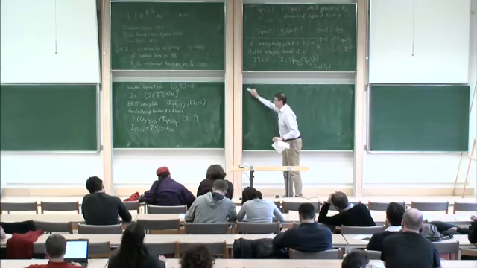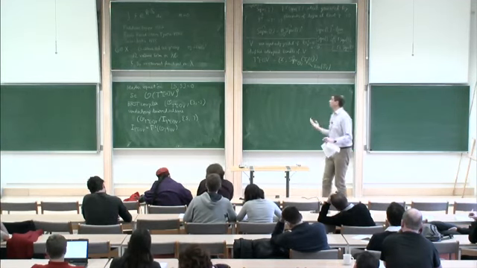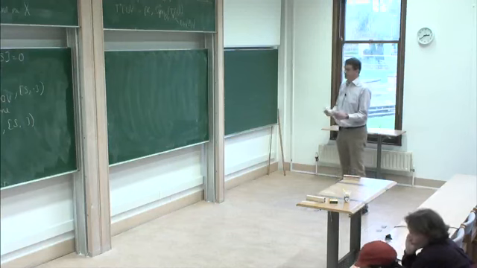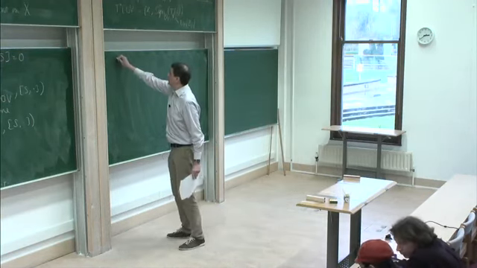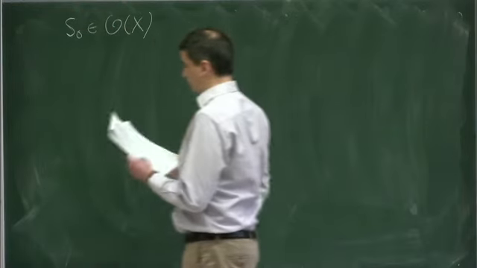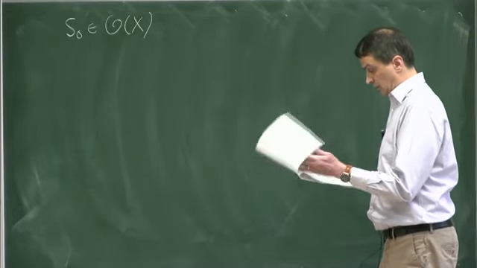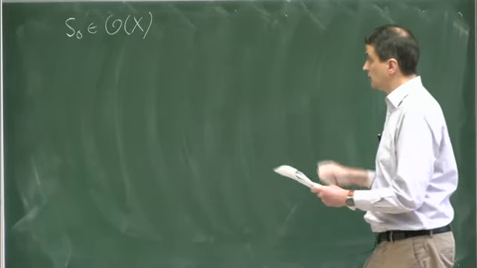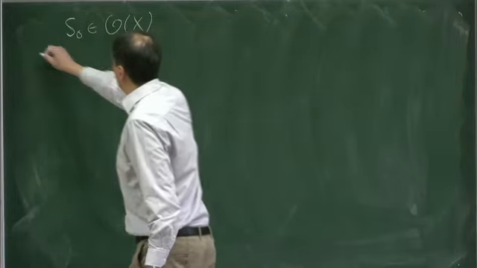And then I will say that something which obeys those axioms is uniquely determined by S0. Okay, so again, suppose that S0 is a function on an affine variety, and singular.